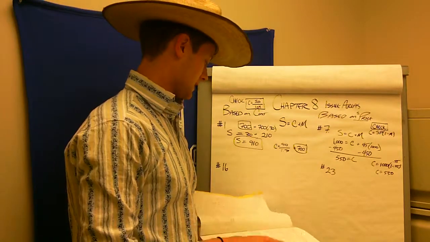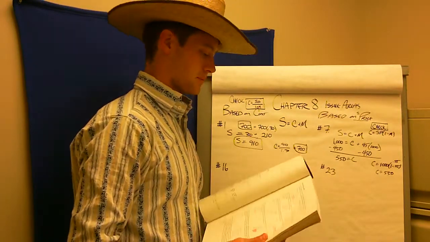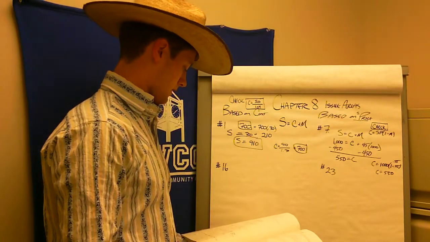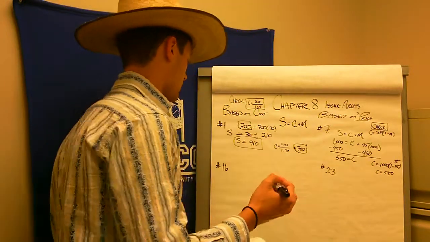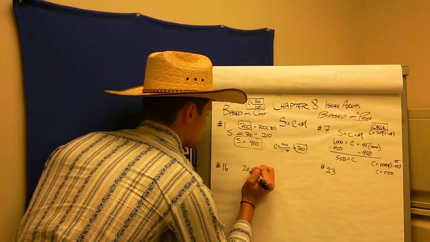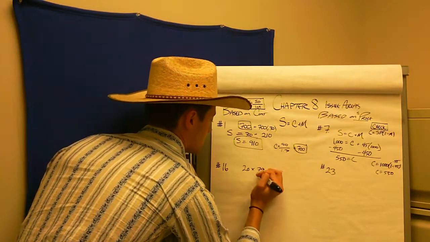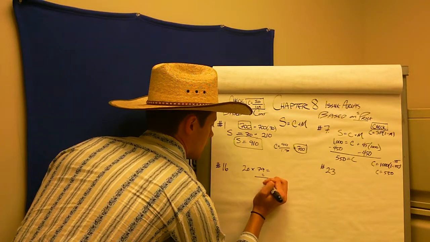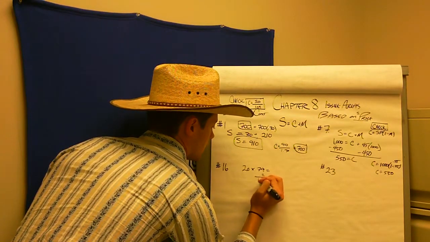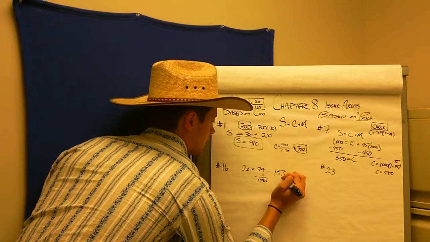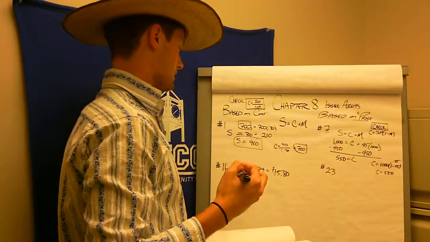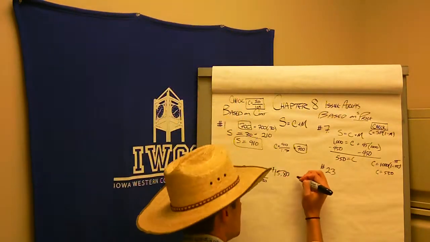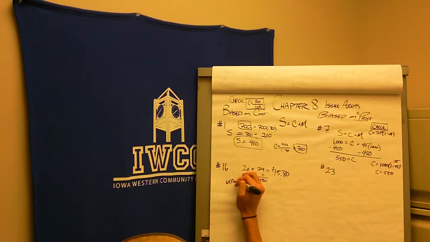Let's go to number 16. This is a perishable question, and it says that we had 20 brownies that cost 79 cents apiece. So what's our total cost? Well, 20 brownies times 79 cents is $15.80. That is what we paid for those brownies. The markup on cost, which is important, is 60%.